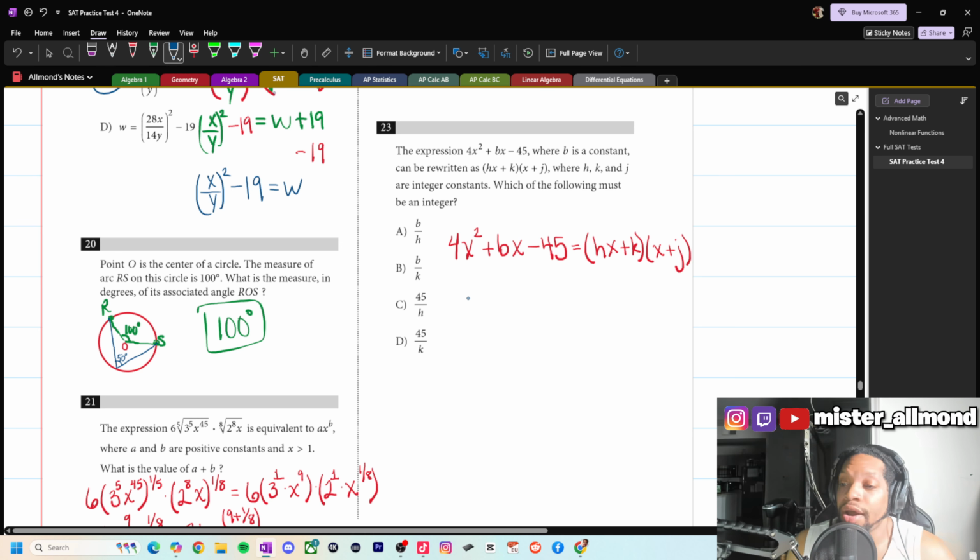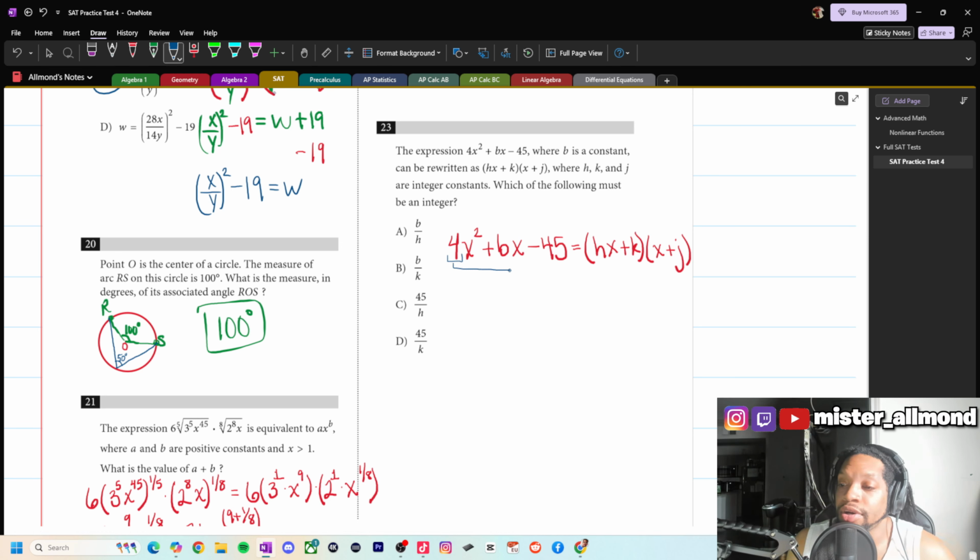I don't have a super clear strategy on this one. But if ever I'm trying to factor and there's a coefficient, I always go slide and divide. 45 times 4 is what? 180. So this will be x squared plus bx minus 180.